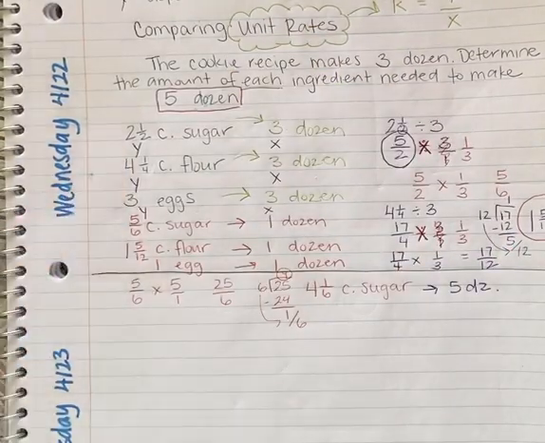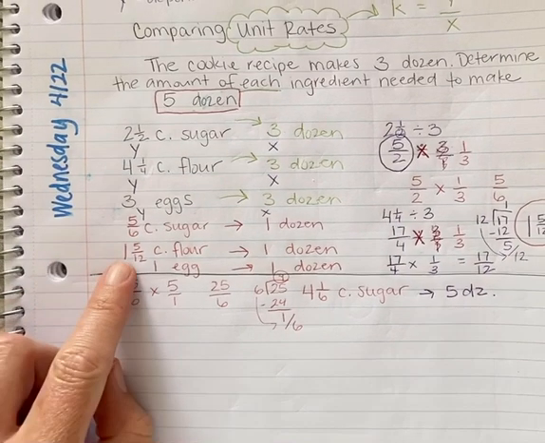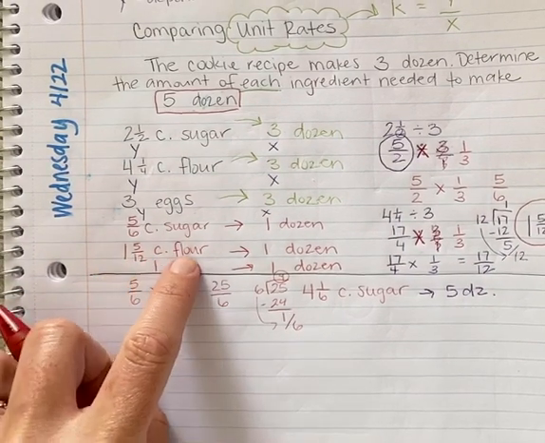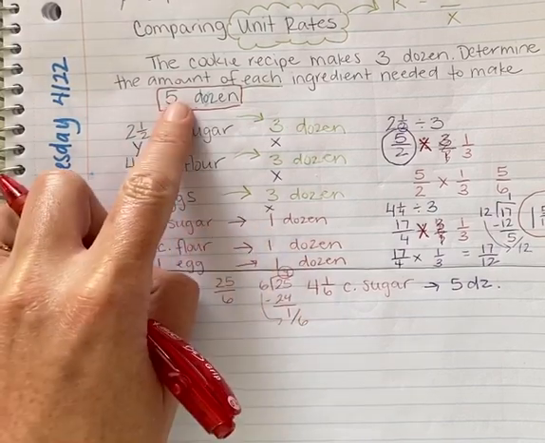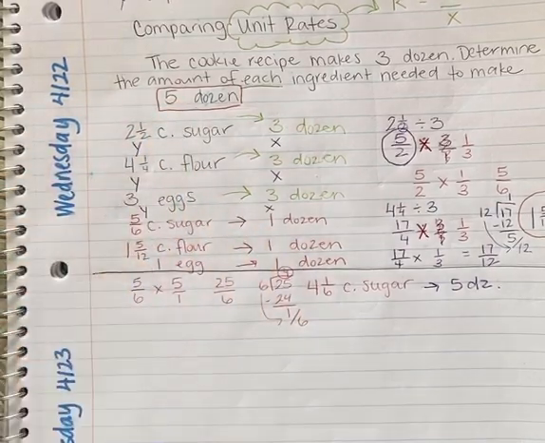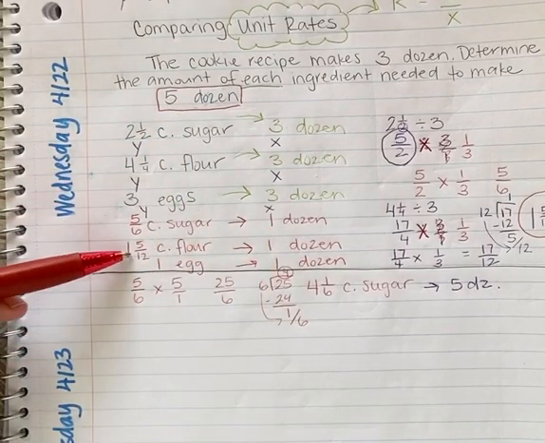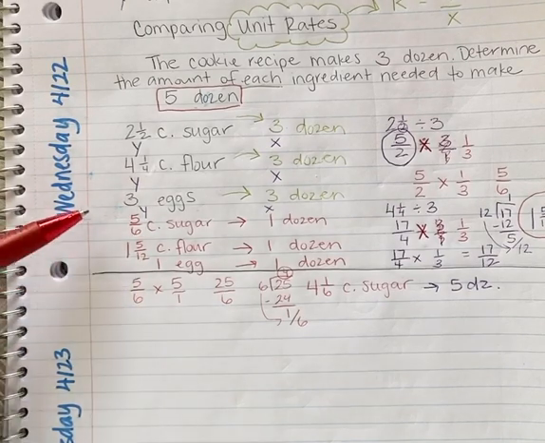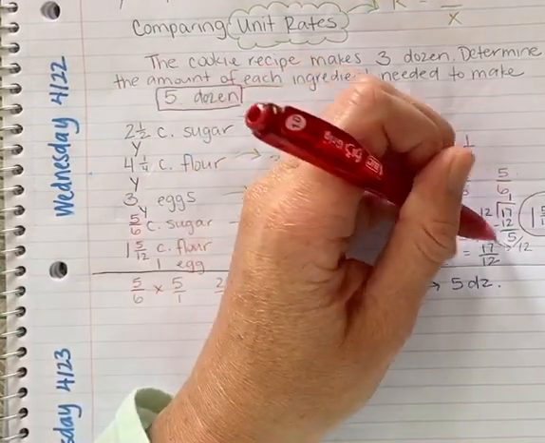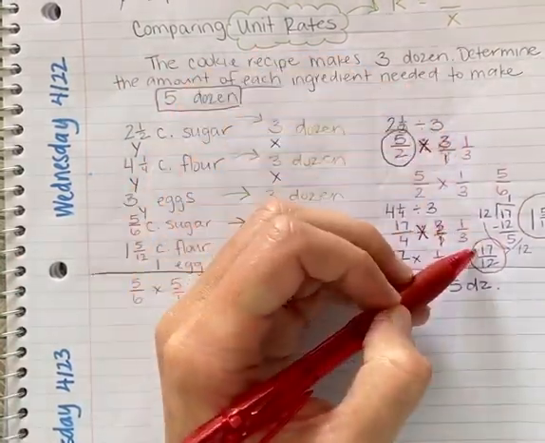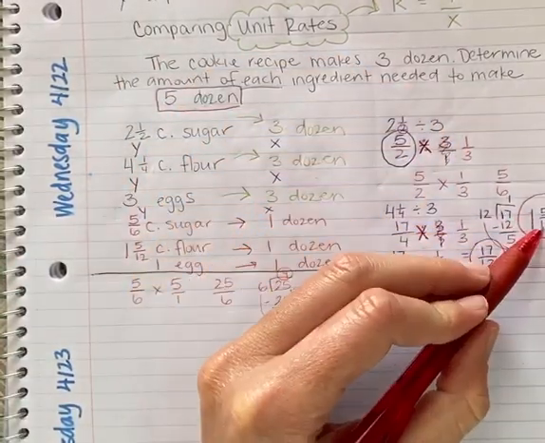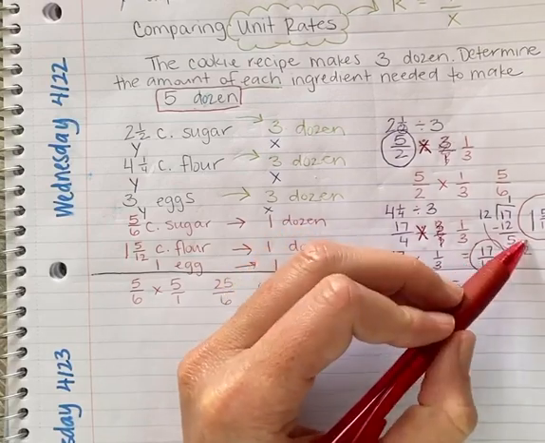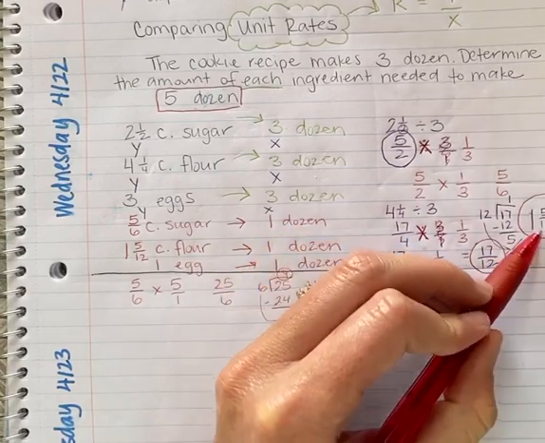Let's do the same thing for our flour. So if 1 5/12 cups of flour makes 1 dozen, to figure out for 5 dozen, I'd multiply this number by 5. 1 5/12. Remember, 1 5/12 was the same thing as 17 over 12. We just converted it. So 1 5/12, 17 over 12, that's the same number, improper fraction, mixed number.